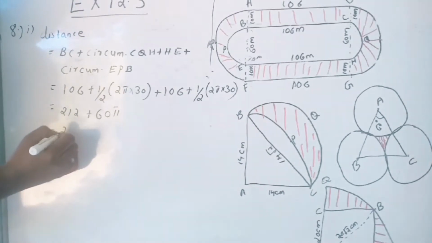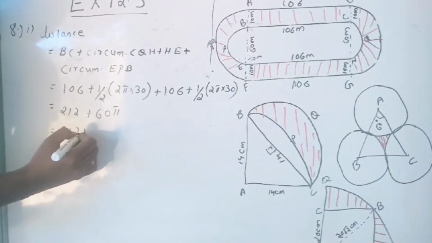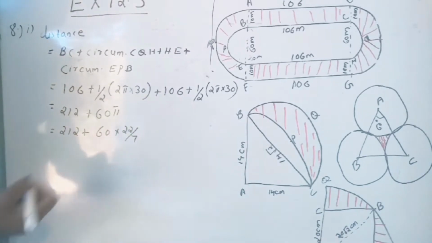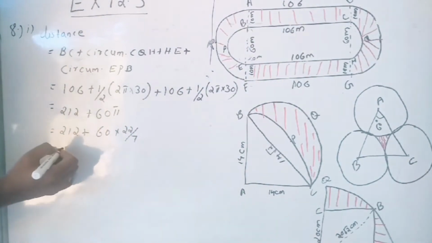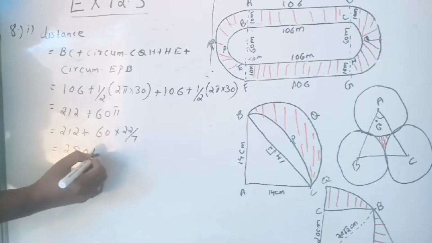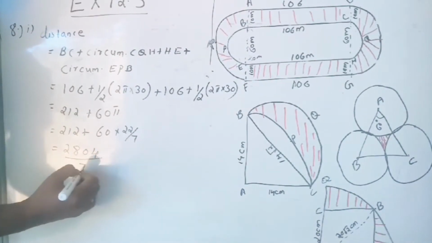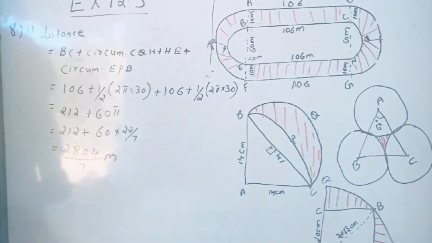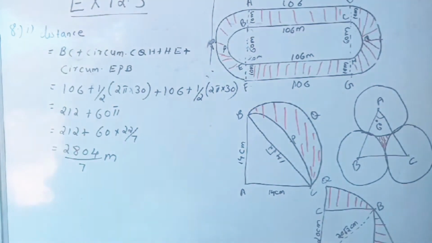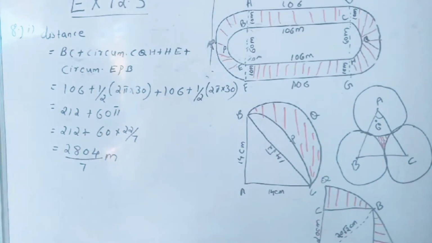So 212 plus 60 into 22 by 7. After all the simplifications, you will get 2804 divided by 7 meter. This is the distance around the track along its inner edge.